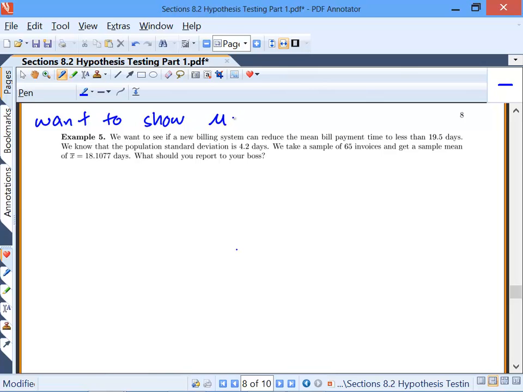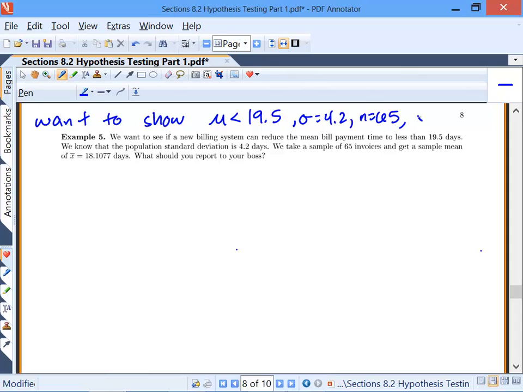So we want to show that our mean is less than 19.5. Okay, so we have that. We know that the population standard deviation is 4.2. We took a sample of 65 invoices. That sounds like a sample size to me. See what I meant when I say you really need to memorize these symbols?